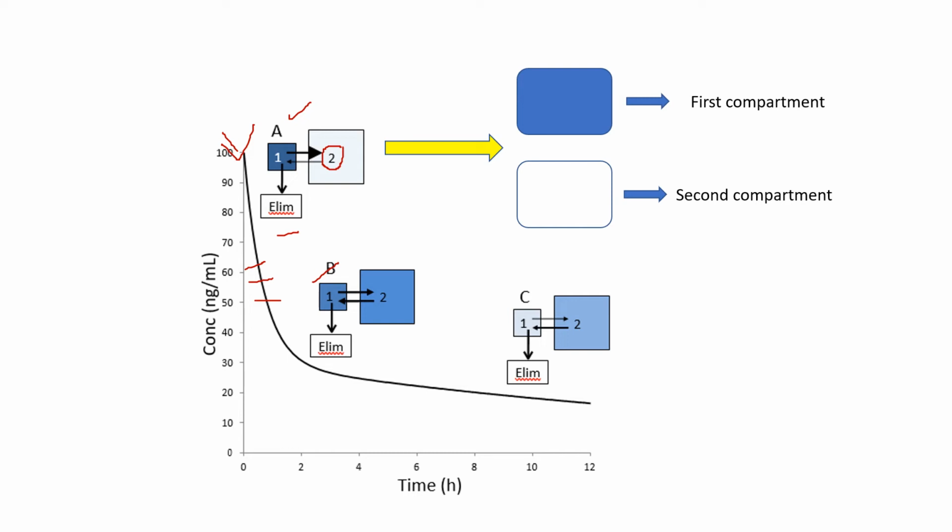So we now have this one process, that is elimination, and that's why there is further fall in the concentration of the drug in the first compartment, and you can say that the graph now falls more gently as compared to from here to here.